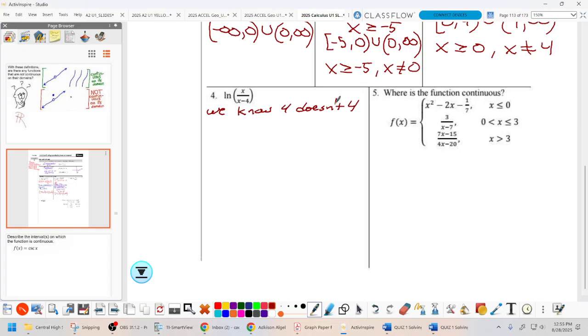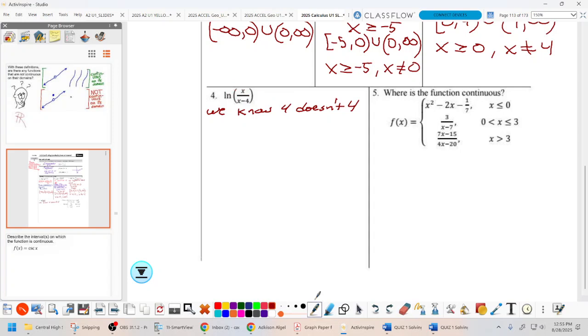There's one value that would make the denominator 0. Not 4, because 4 would make the denominator 0, which is undefined. But I'm saying there's one value that makes that whole piece inside the log 0. And that would be x equals 0, right? Because if this is 0 and that's 0, we get 0 over negative 4, which is 0. So we know that doesn't work as well.